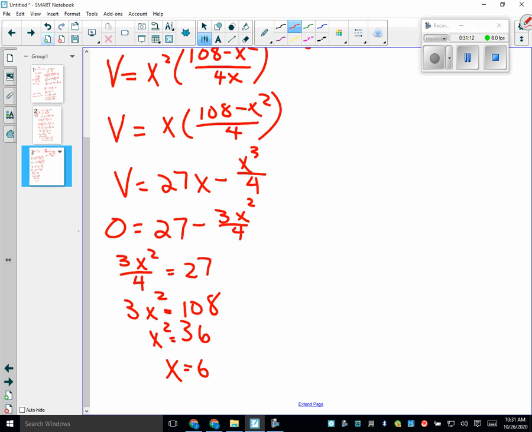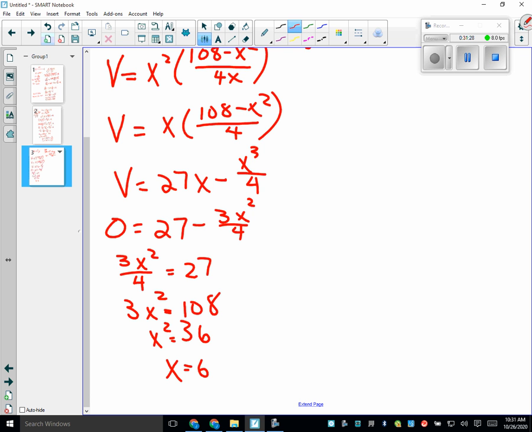How did that happen, that it came out a pretty answer? I want my dimensions. I might find volume. No, it asks for the dimensions. 6 is the side of the bottom, right?